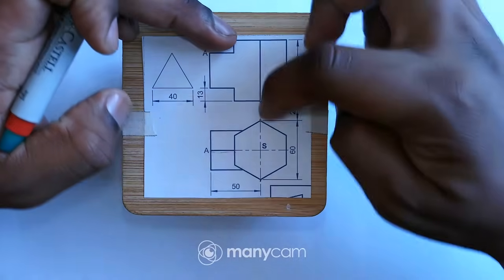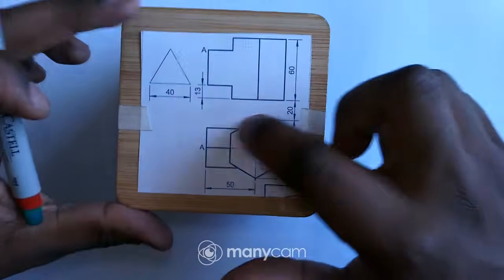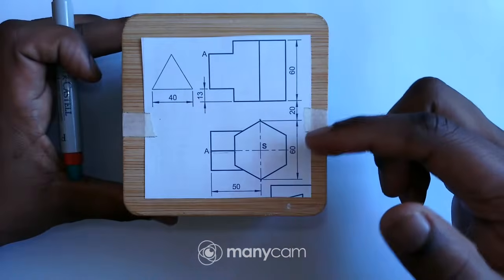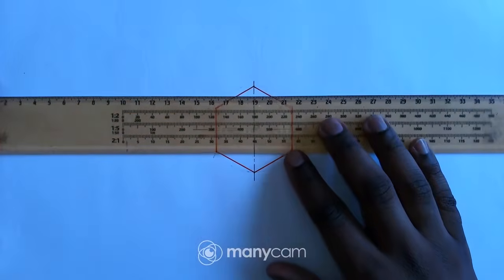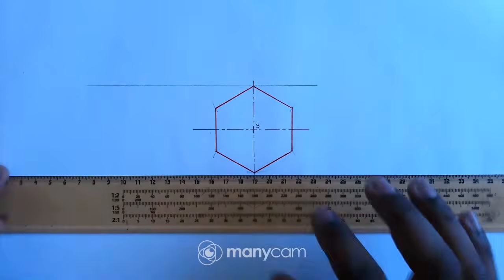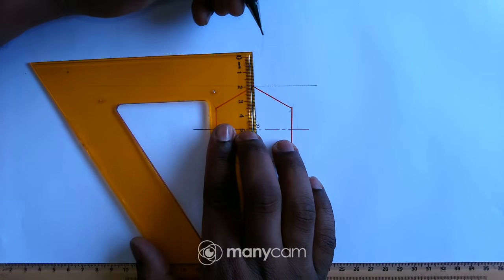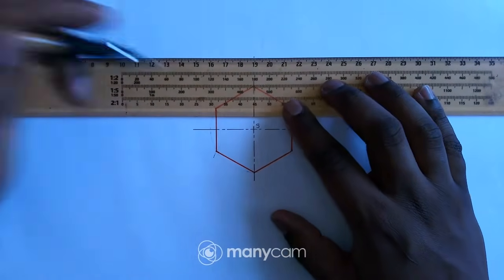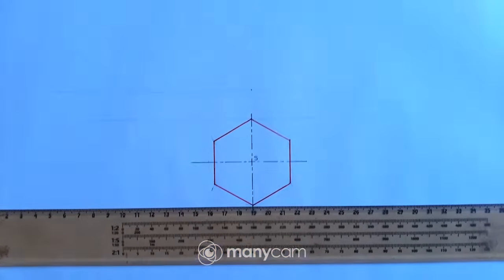So for me to get these lines or edges, obviously I have to project the points from the top view, right? So I'll use the hexagon. So I have the hexagon there, so I'll have to measure 20 millimeters going up. So from here, I'll just measure 20 millimeters going up, 20 millimeters, mark the point there, then I can just draw a light construction there.